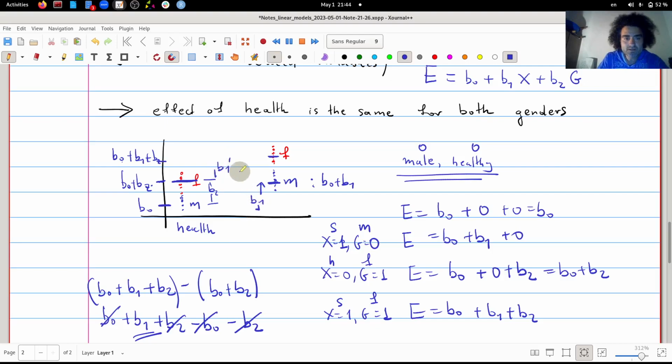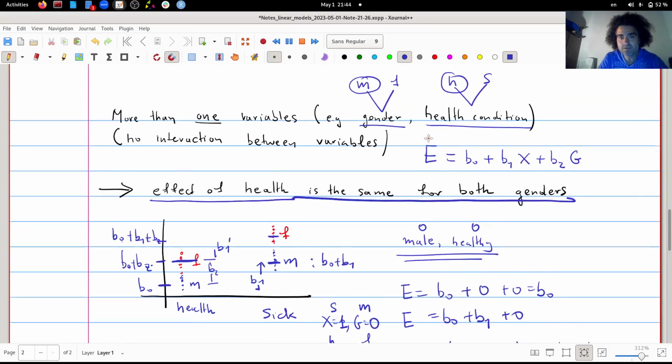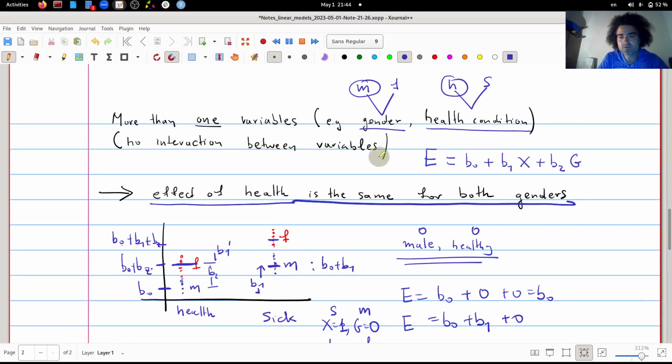And notice that this b1 is exactly the same as this b1, which means that the effect of sickness is exactly the same in both genders. So the effect of the health condition is the same for both genders. This means that there is no interaction between the x and the g variable here.